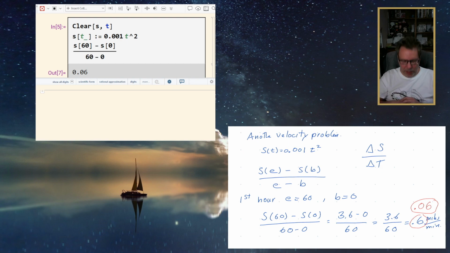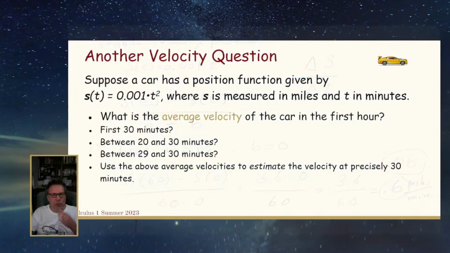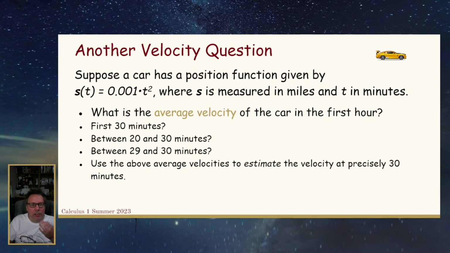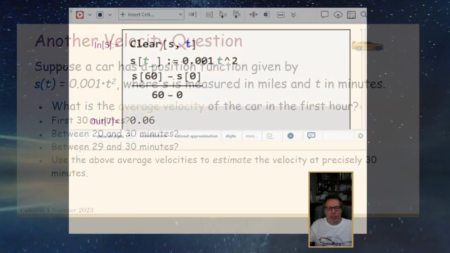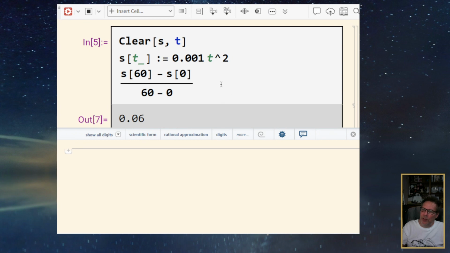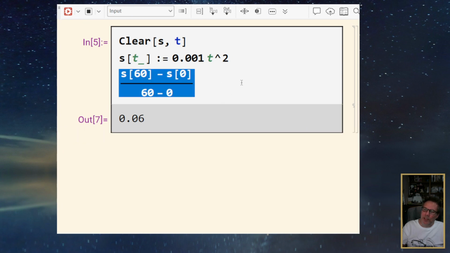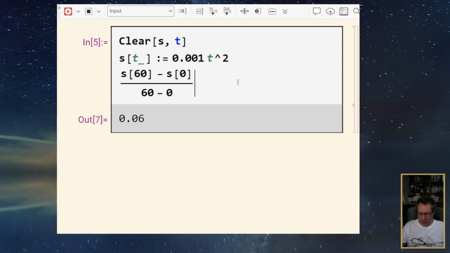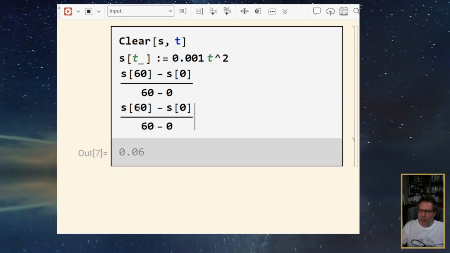So what about the other questions? Well, what were they? Average velocity in the first 30 minutes, and between 20 and 30 minutes. So how do I do this in the first 30 minutes? Well, this was the first 60 minutes. First 30 minutes would be something like this.